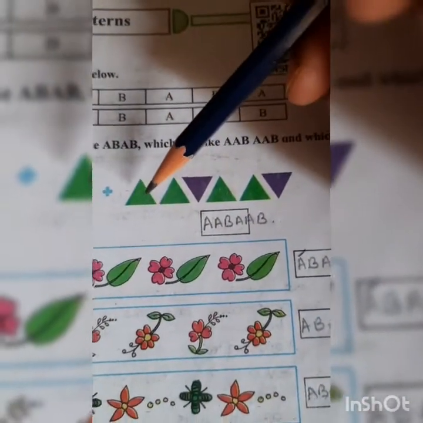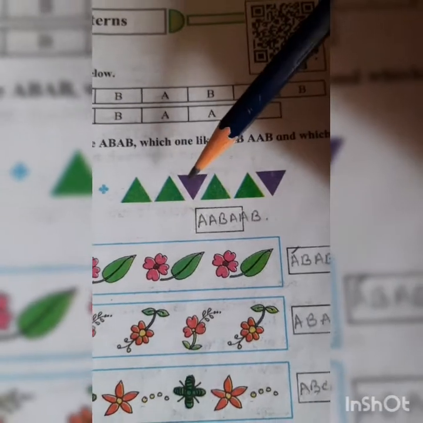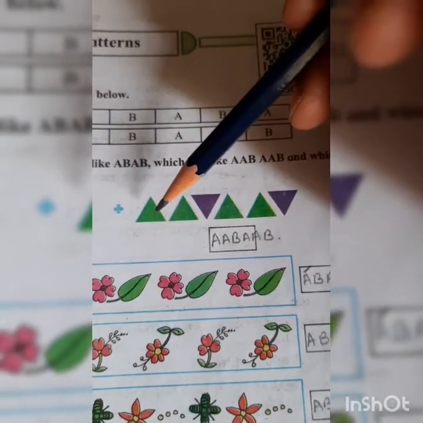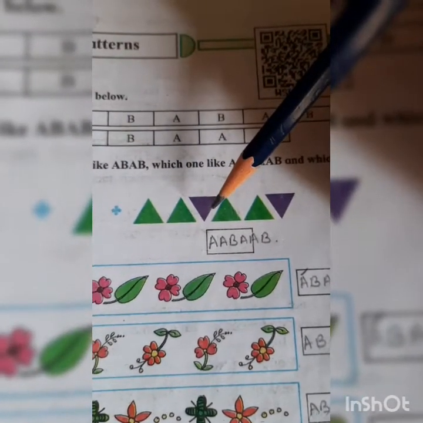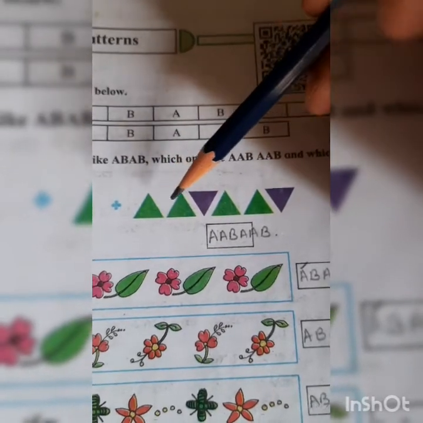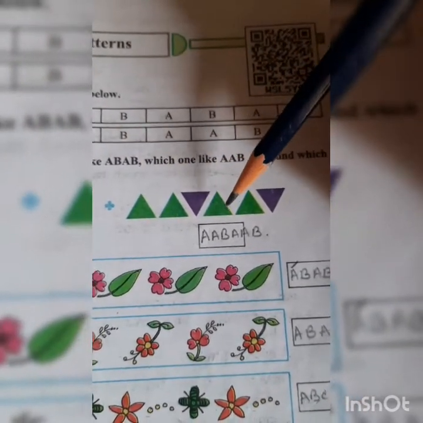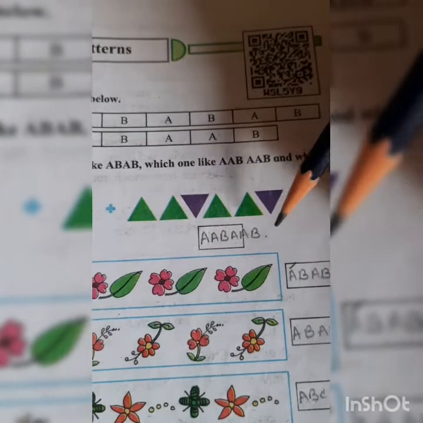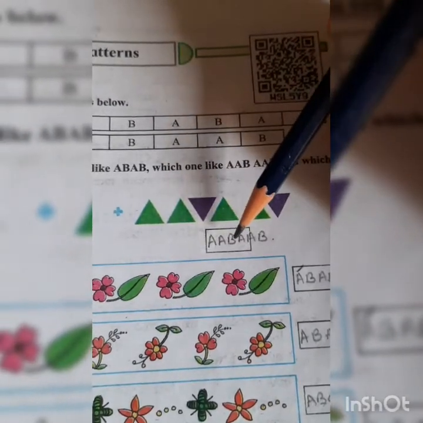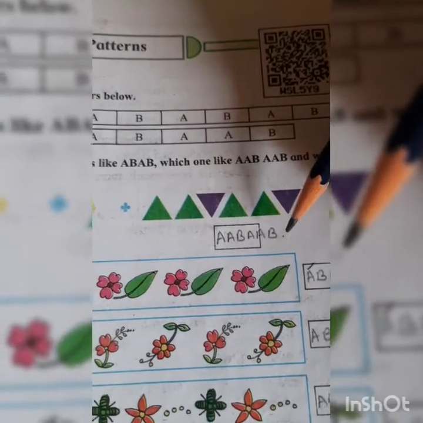You can see green triangle and purple triangle. If we consider green triangle as A and purple triangle as B, then A, B, A, B. So the pattern will be A, B, A, B.